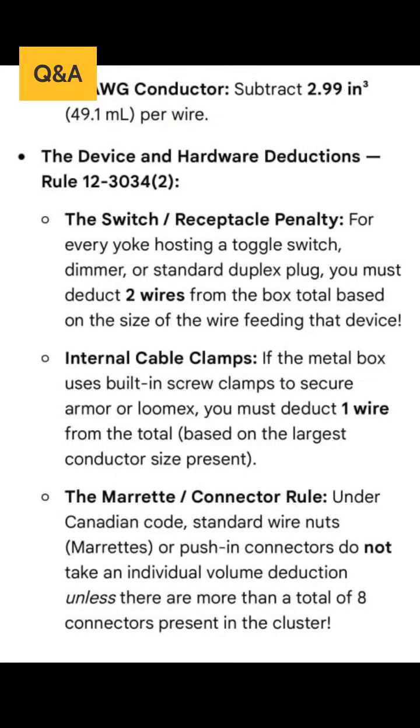The rule simply says the devices and hardware deduction, Rule 12-304, number 2, which states the switch receptacle penalty: for every toggle switch, dimmer, or standard duplex plug you're hosting, you must deduct 2 wires from the box total based on the size of the wire feeding that device.